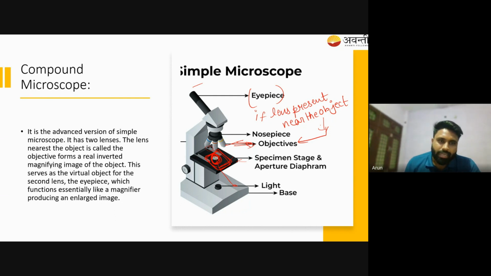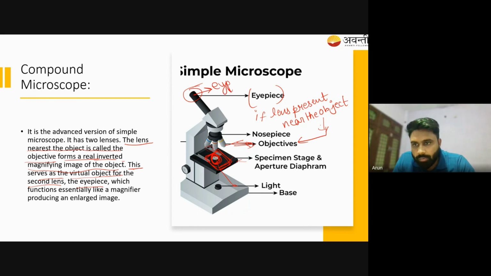As in the definition, the lens nearest the object is called the objective, which forms a real, inverted and magnified image of the object. This serves as the virtual object for the second lens, the eyepiece, which is used for observation and functions essentially like a magnifier. So it produces a very large image of the object. How the rays are passing, I will discuss in the next slide.